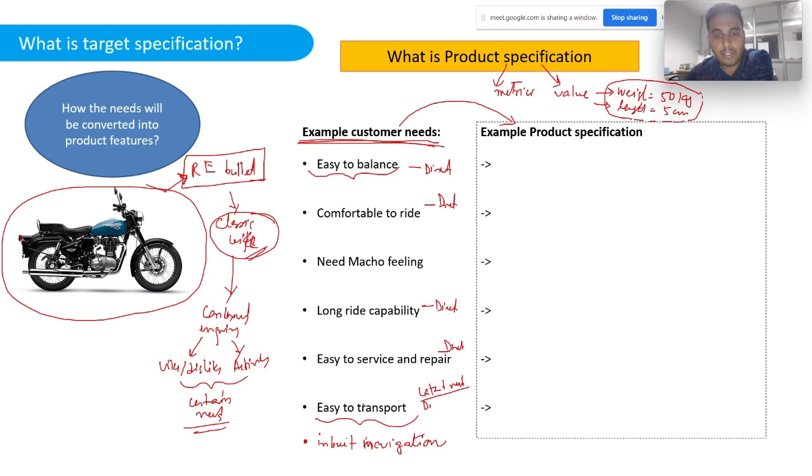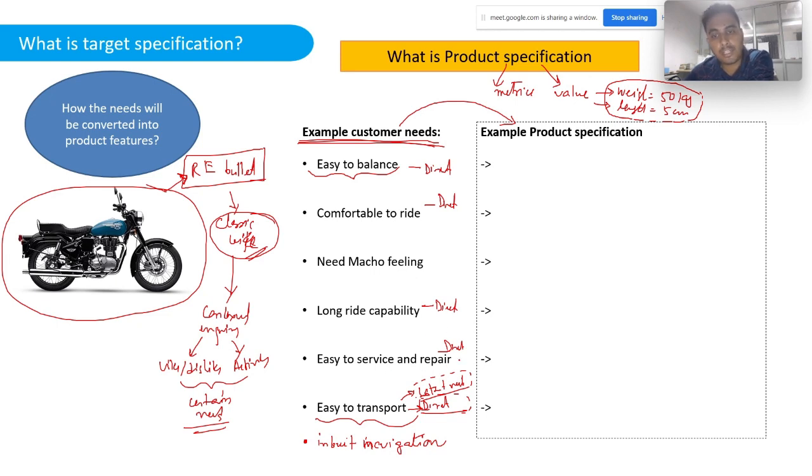Similarly, easy to transport can come from the distributor's perspective, and then it will be a latent need. If it is from the customer's perspective, it is a direct need. If it is from the distributor's perspective, who is not a direct end user, it is a latent need. So it is both latent and direct.